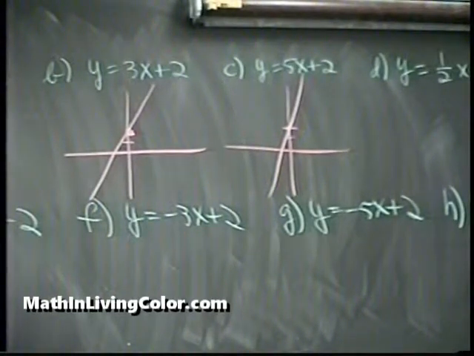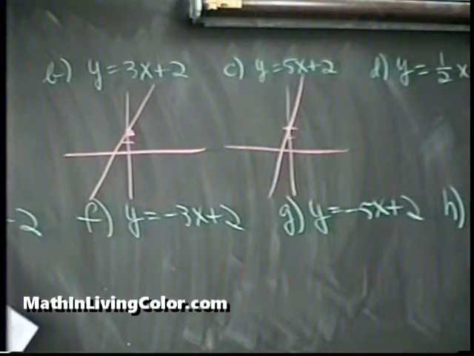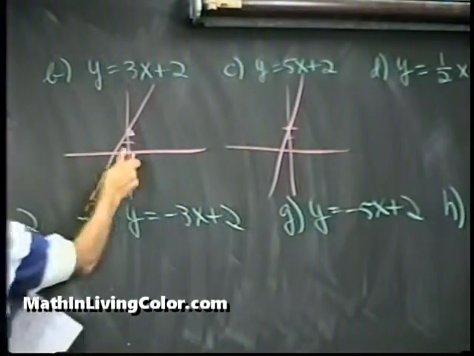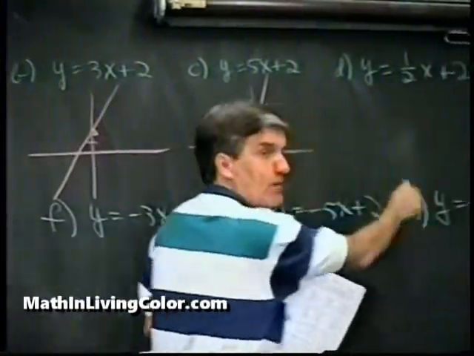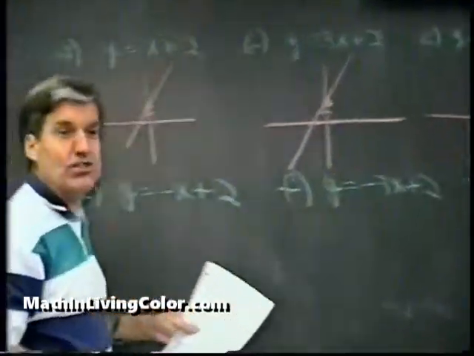Right, they're all straight lines. And every one of these graphs crosses the y-axis at the same point. Did you notice that? 0, 2, 0, 2, 0, 2. Every one of these crosses the y-axis at 0, 2.